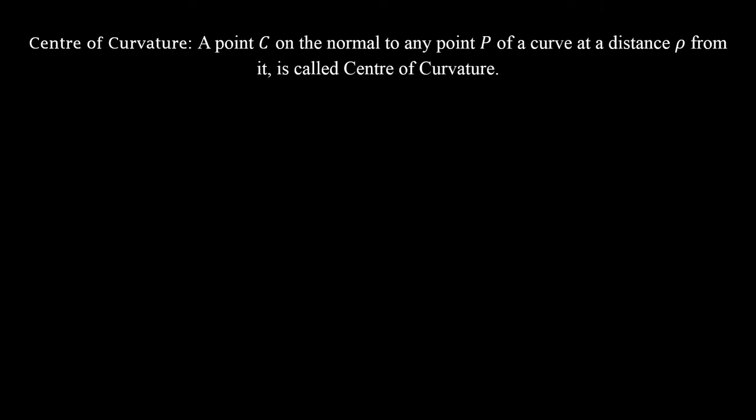Just recall, in the last video I have already explained the concept of the center of curvature at any point of the curve, which is nothing but the center of the oscillating circle at any point of a curve, which is at a distance rho from the point itself.